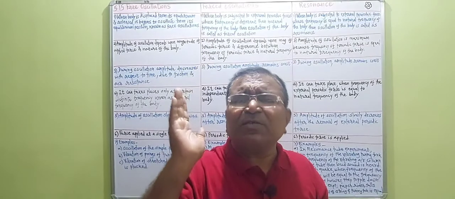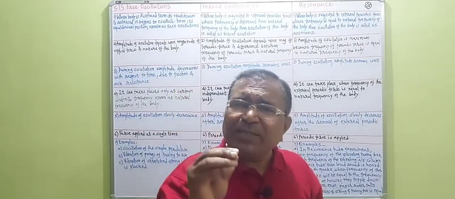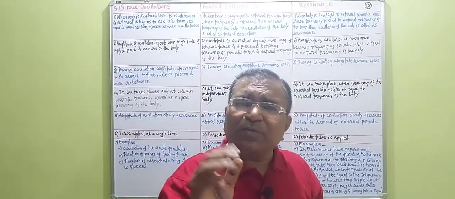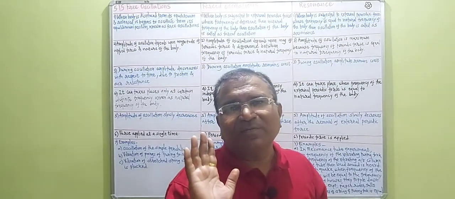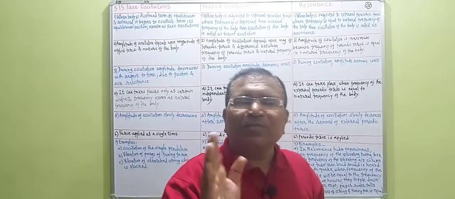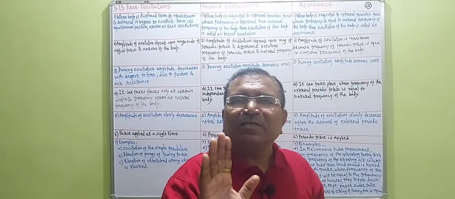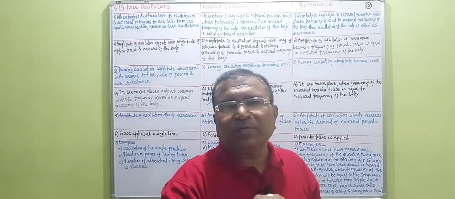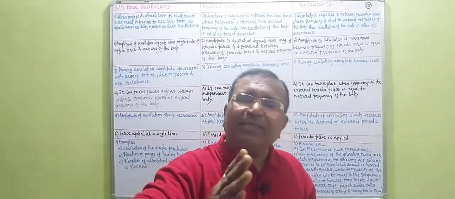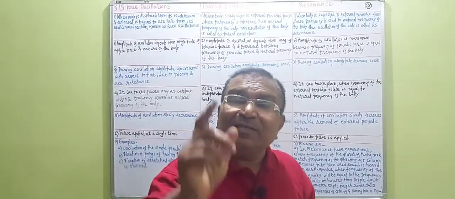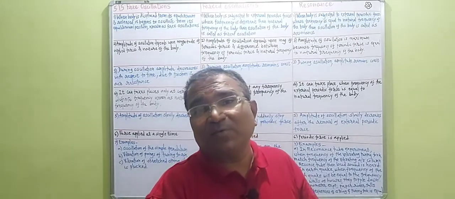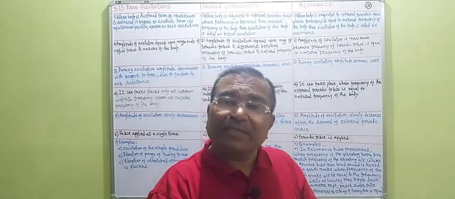In forced oscillation, the frequency of the periodic force is not equal to the natural frequency of the body. The body is forced, but it is not oscillating with the frequency of the periodic force. But here, the frequency of the periodic force becomes equal to the natural frequency of the body, and the amplitude is maximum.